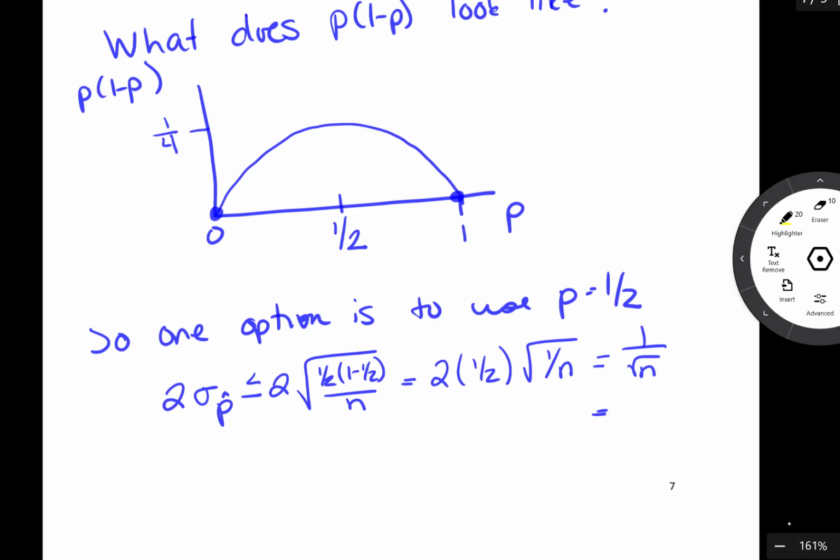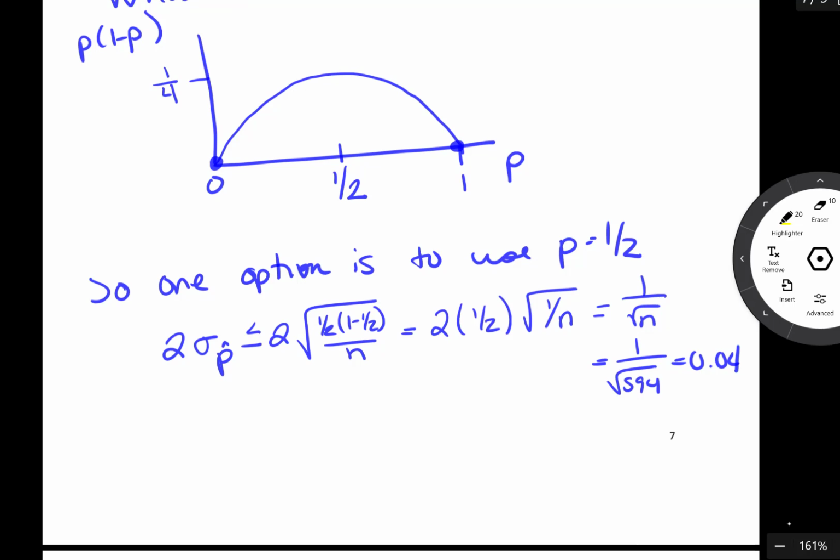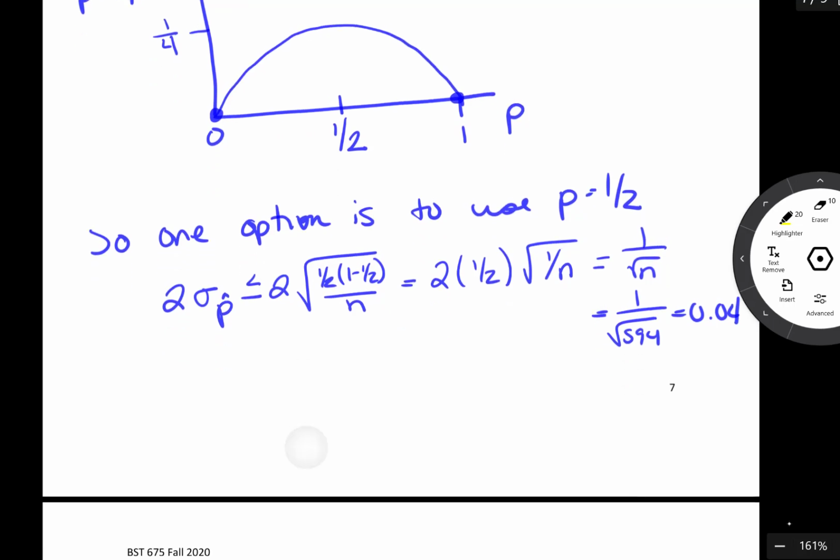And remember here we had n equal to 594. And so here we would find our error bound is equal to 0.04.